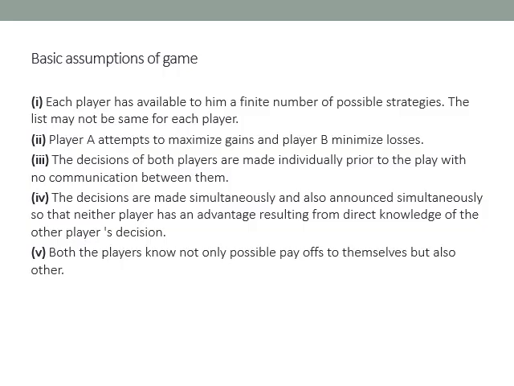The decisions of both players are made individually prior to the play with no communication between them. The decisions are made simultaneously and also announced simultaneously, so that neither player has an advantage resulting from direct knowledge of the other player's decisions.